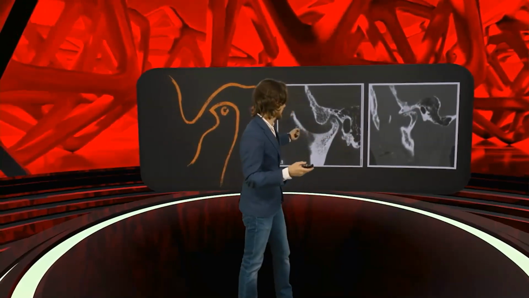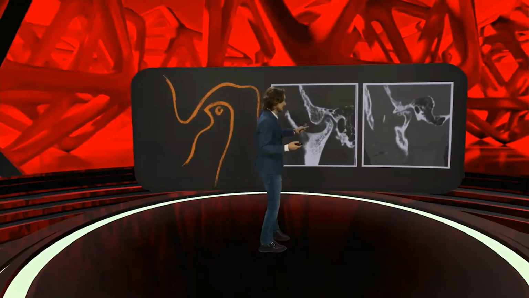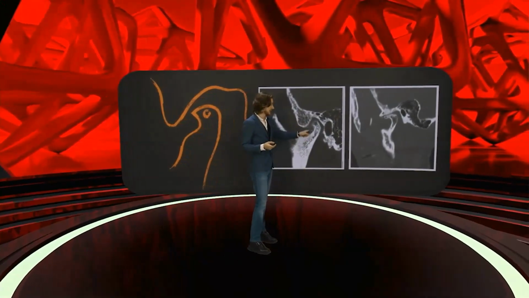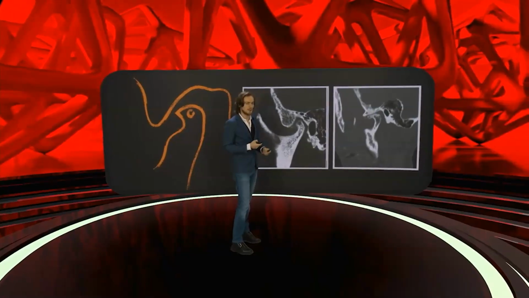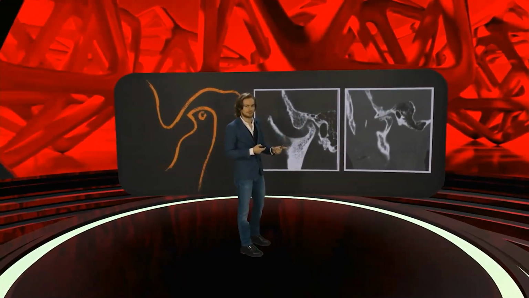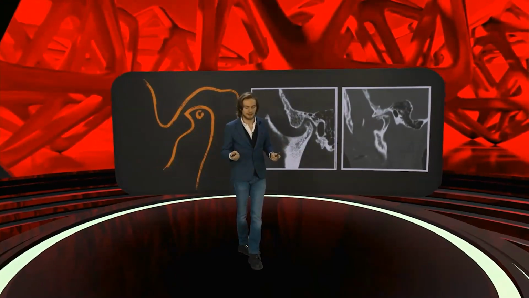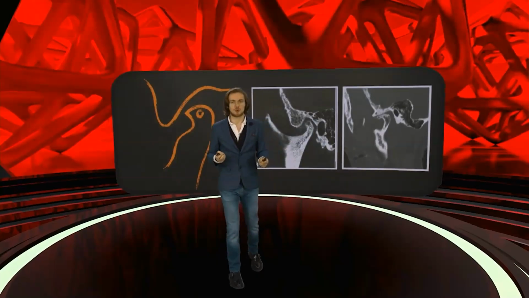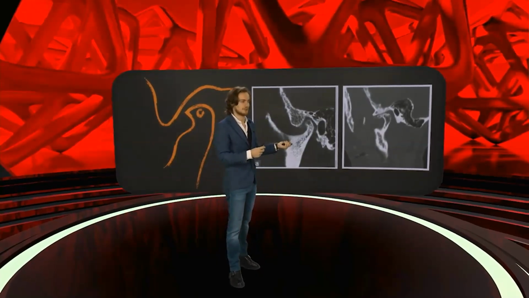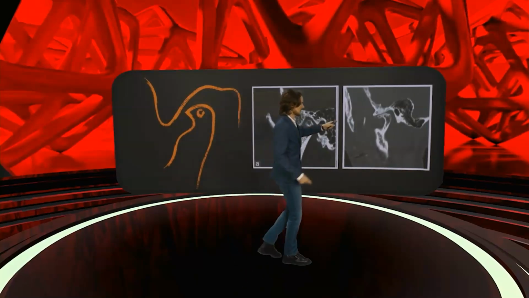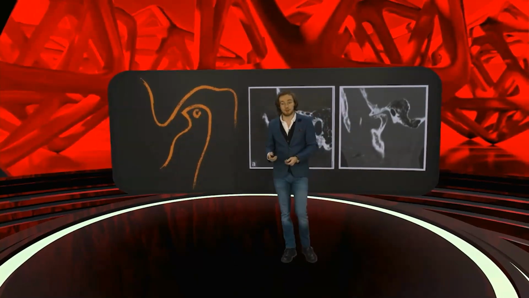In here, what we have is arthritis, with the eye of the bird and with the beak of the bird. So this is why Mariano Rocabado was talking about the zoo, because we got different animals in here. So take a look at this condyle. That looks terrible.